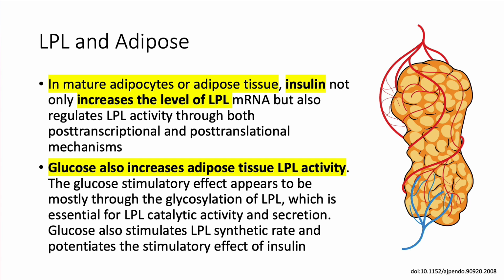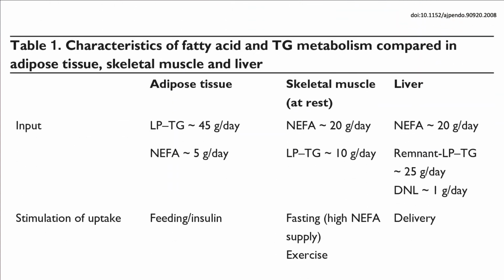The glucose stimulatory effect appears to be mostly through the glycosylation of LPL, which is essential for LPL catalytic activity and secretion. And glucose also stimulates LPL synthetic rate and potentiates the stimulatory effect of insulin. So a great way to grow your adipocytes is to get them a lot of insulin, a lot of glucose.